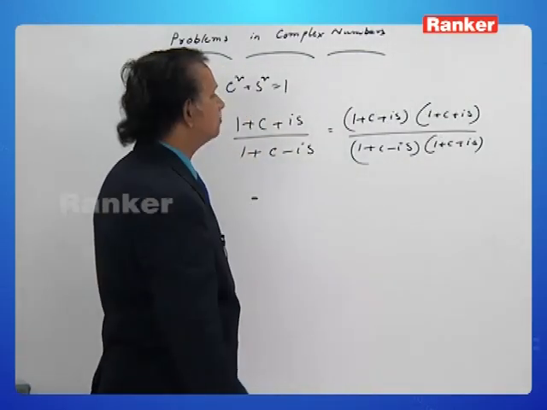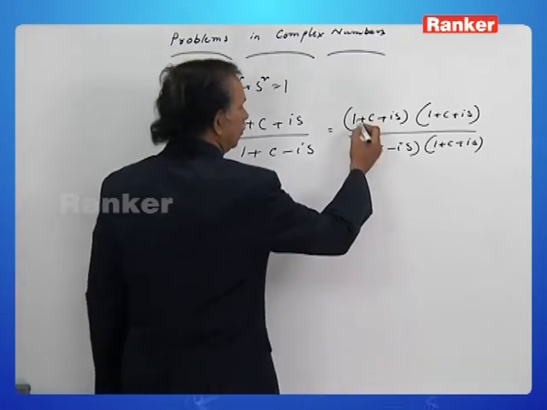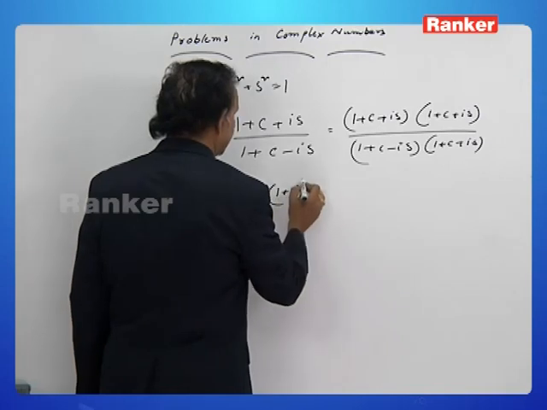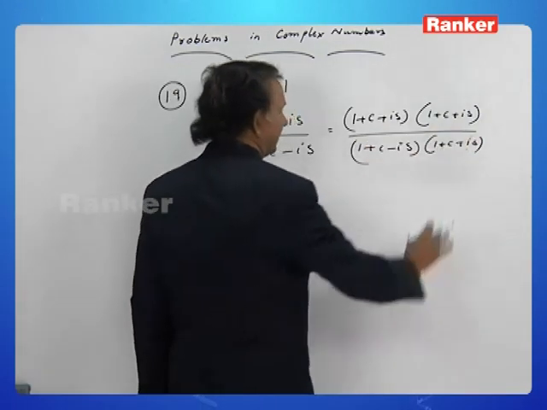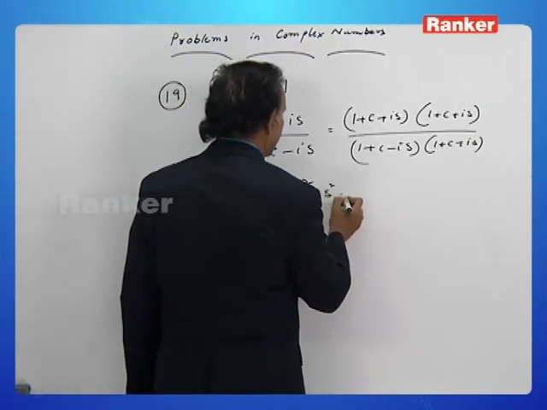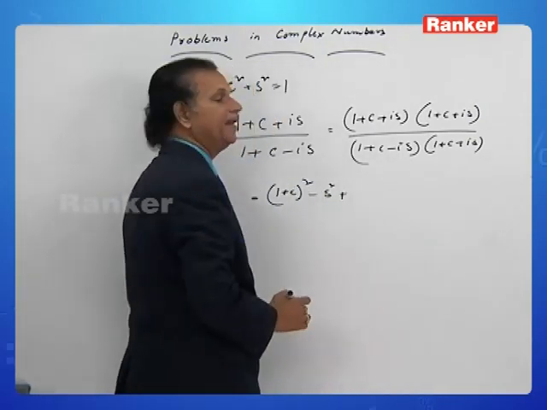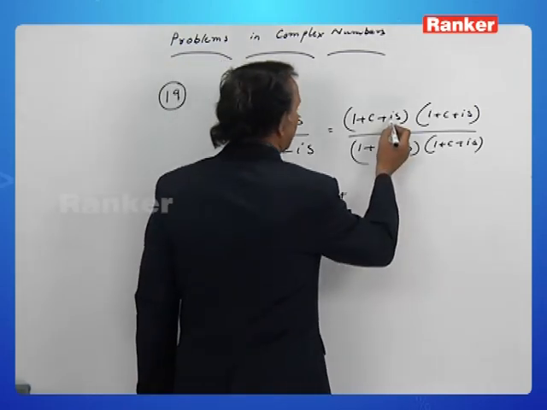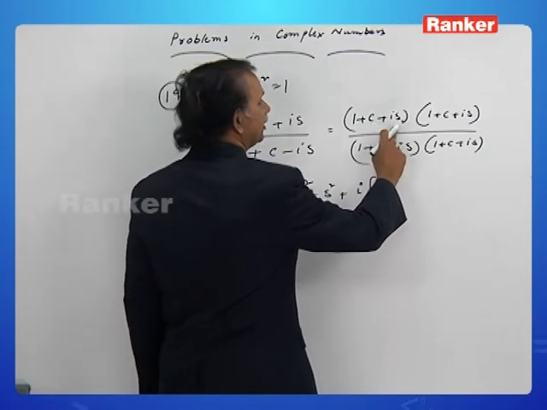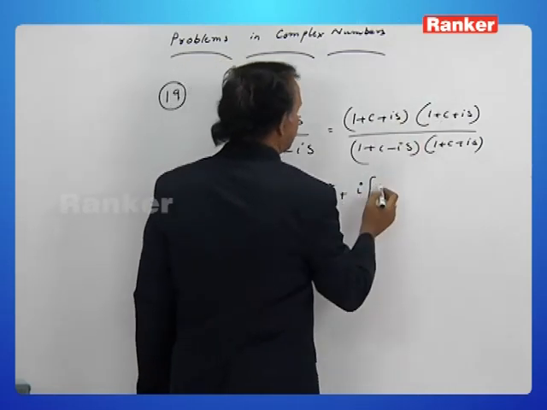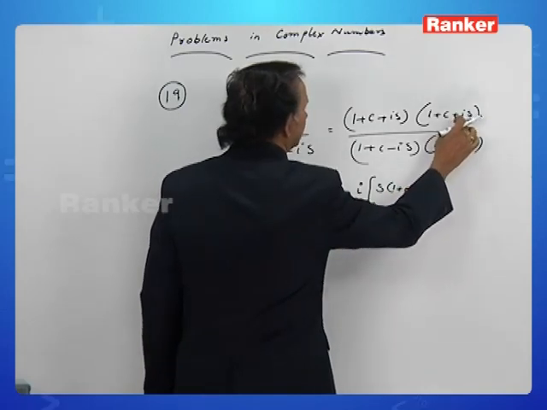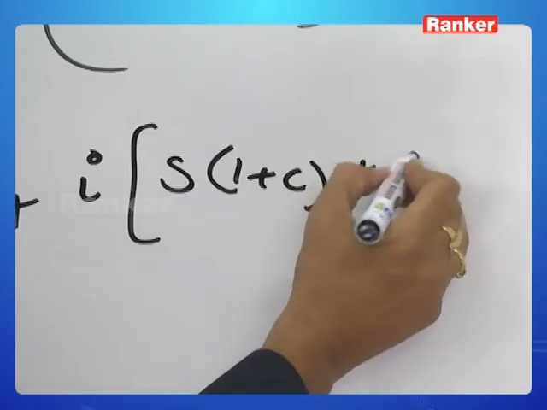Now, let us expand the numerator. 1 plus c whole square, is into is, I square s square, that is minus s square. This is the real part. Now the imaginary part, I into s into 1 plus c, I into s into 1 plus c.